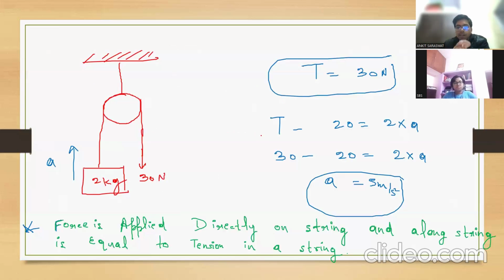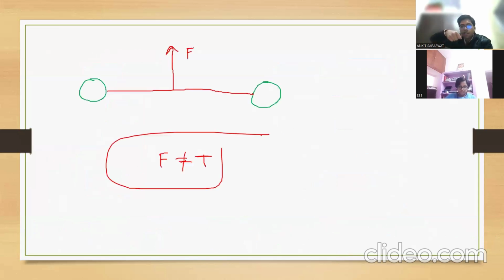Force is applied directly on a string, and it should be along, means in the direction of the string only. Then only we can say force applied is equal to tension in a string. But here, I have applied a force like this, but the string is like this. So here we can't say F is equal to tension. Few cases I just want to explain.